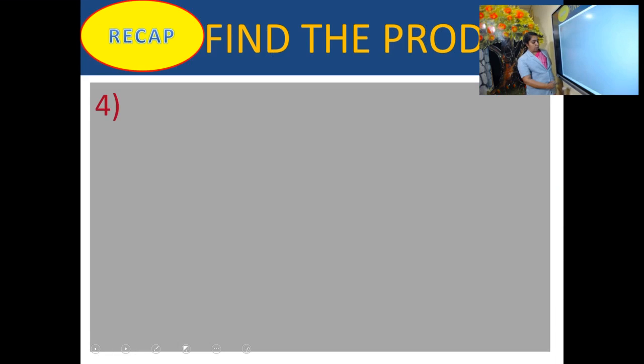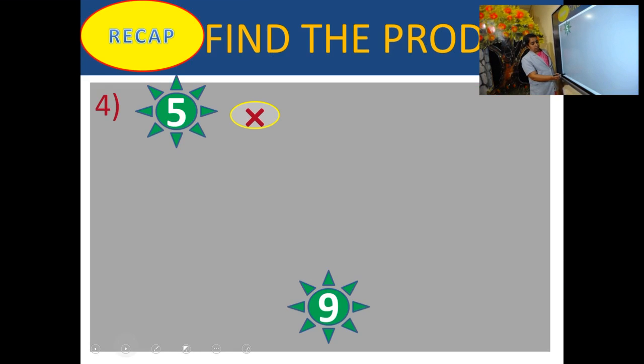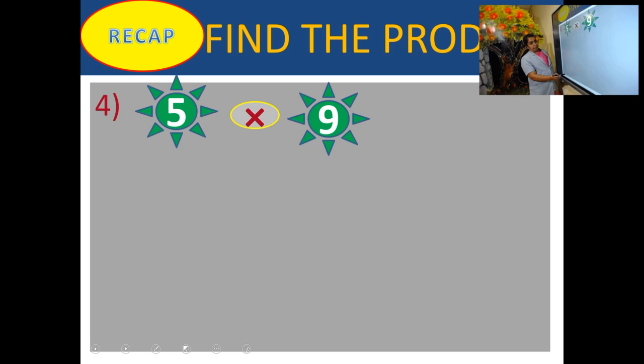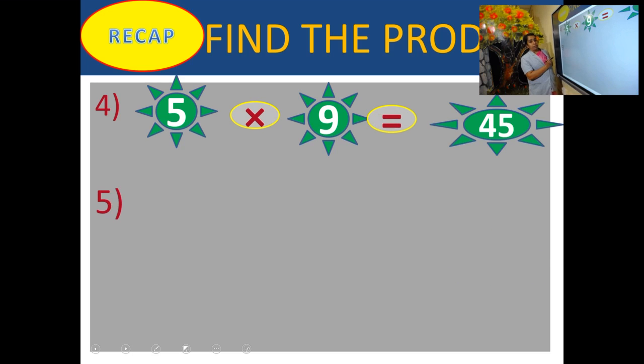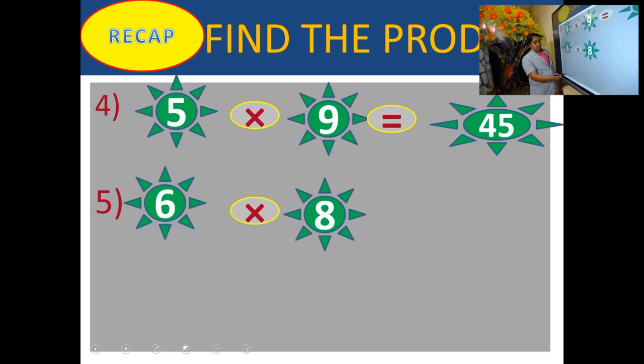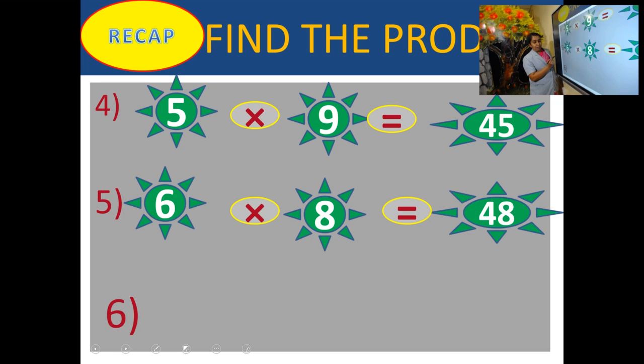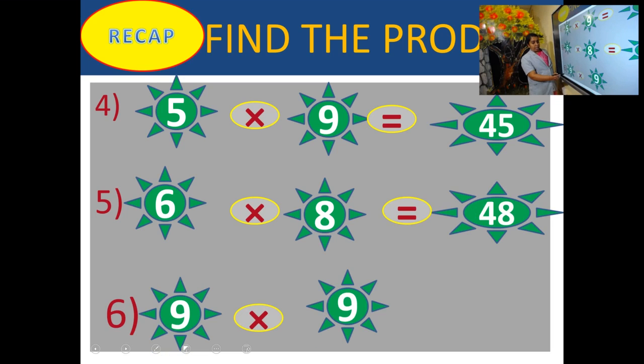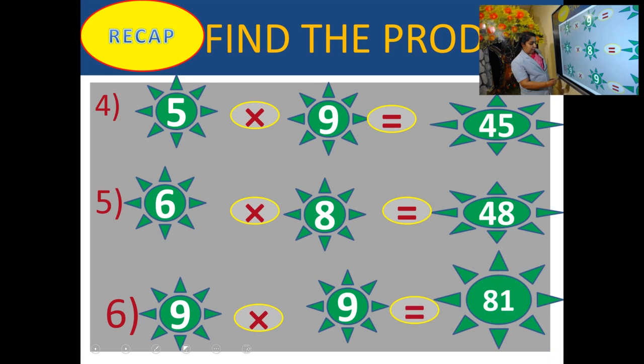Then the fourth question: 5 9s are, yes, 5 9s are 45. Then the fifth question is 6 8s are, yes, very good, 48. Then the sixth question: 9 9s are, yes, very good, 81.